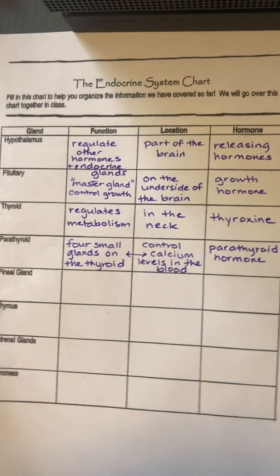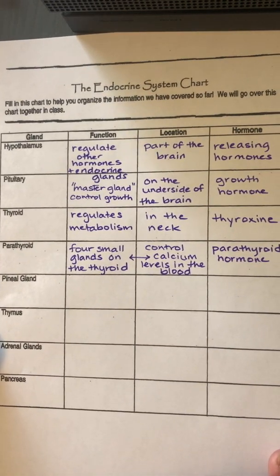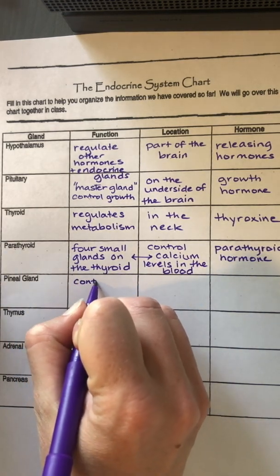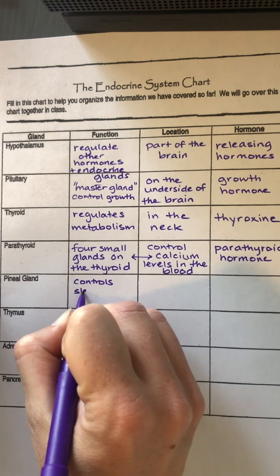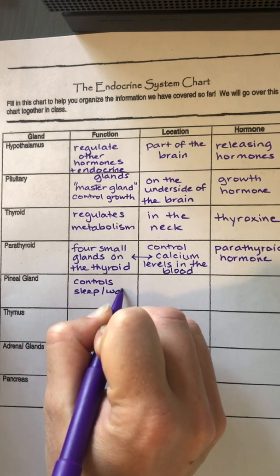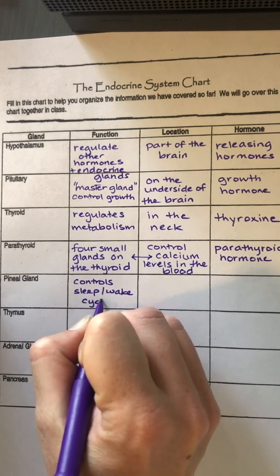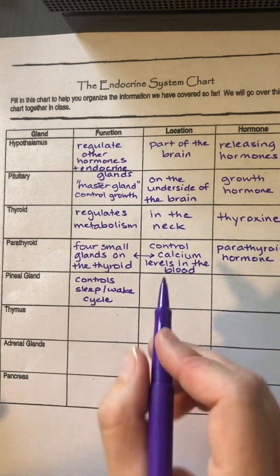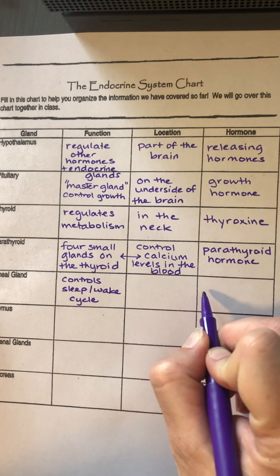Alright, next we have the pineal gland. The pineal gland's function is going to be to control the cycle of sleeping and waking. So it's going to determine when you're tired, when you want to sleep, and when you're awake. And we said that it does this by producing the hormone called melatonin.